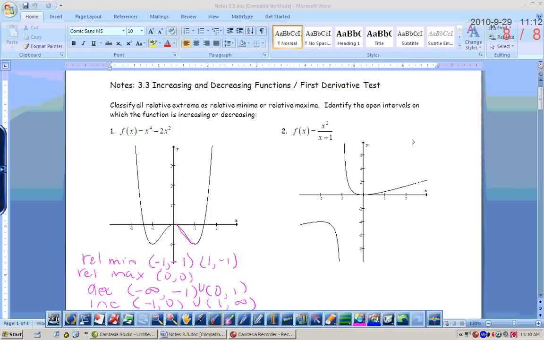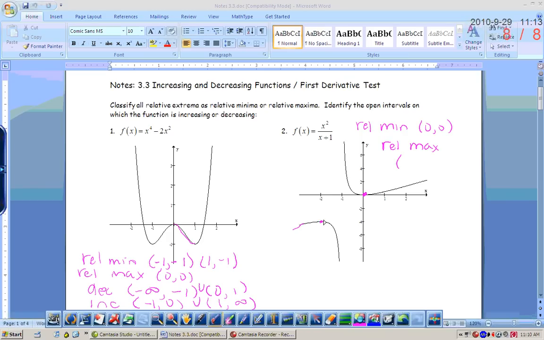Okay, number 2. Where's my relative min? 0, 0. This little valley right here. Okay, how about my relative max? Yeah, this kind of comes down like that.